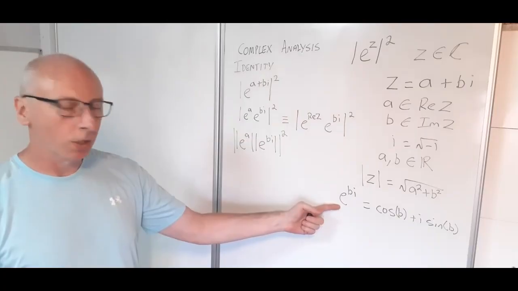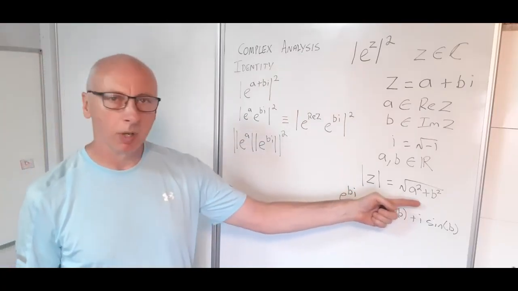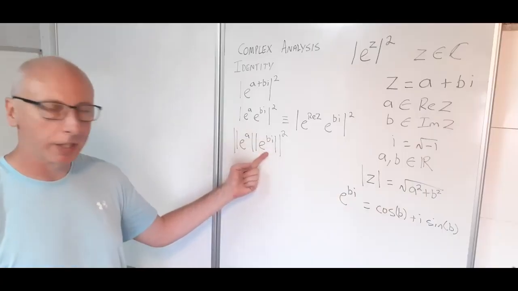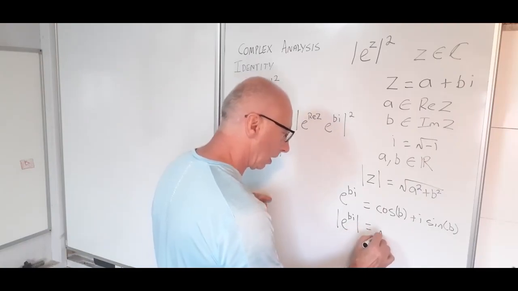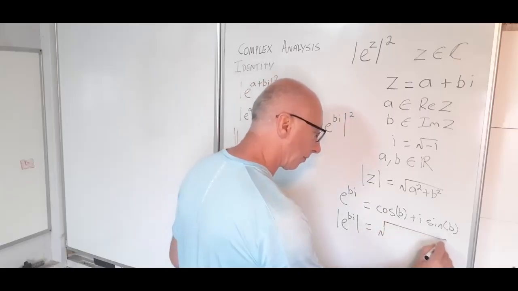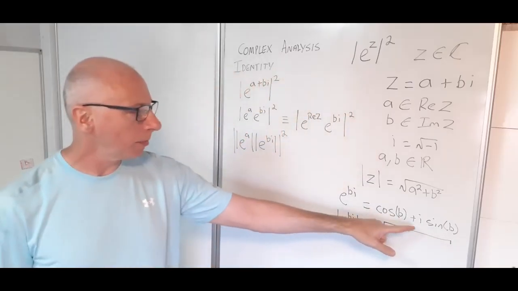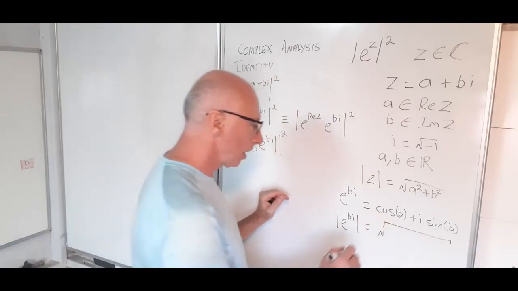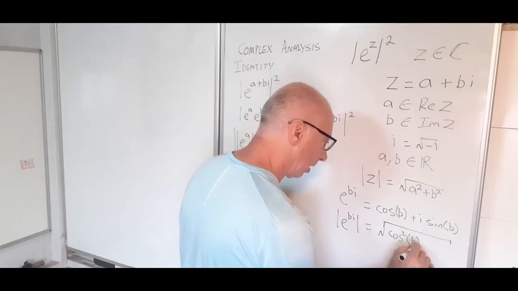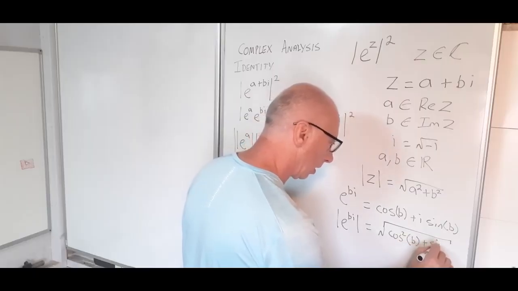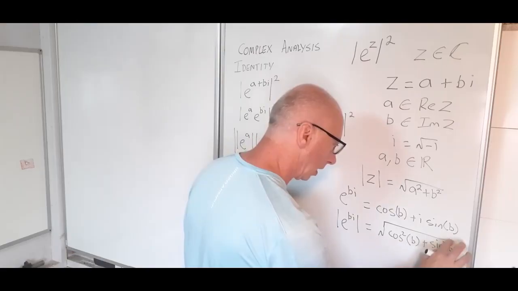Now what I can also do from that, I can also use my modulus, because that's eventually what I need, and say the modulus of e to the bi is basically the square root of the real and imaginary parts squared. So that will be the square root of cosine squared of b plus sine squared of b.